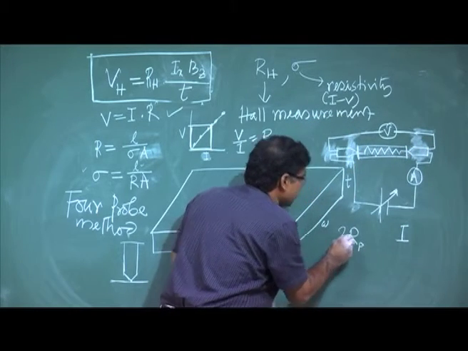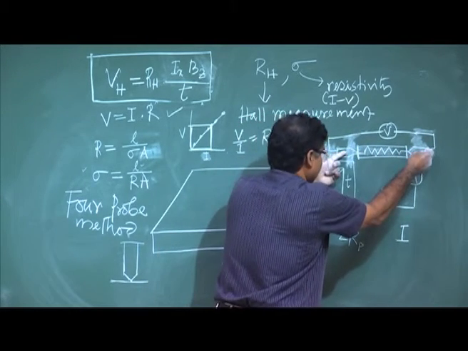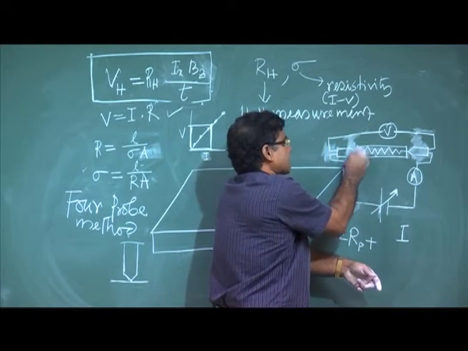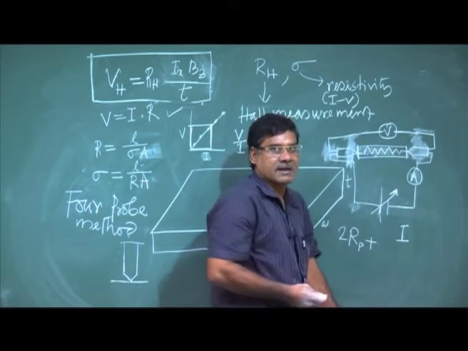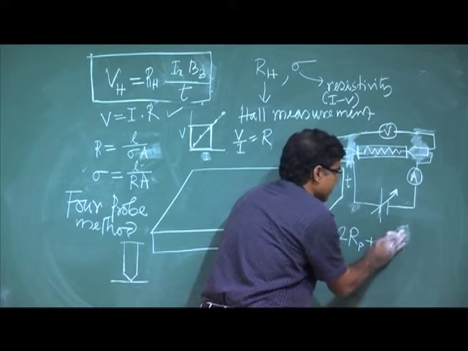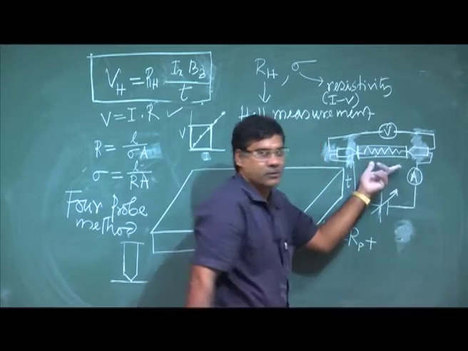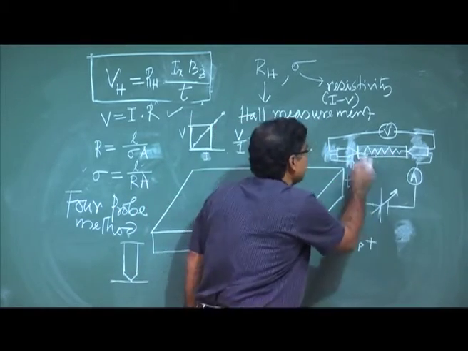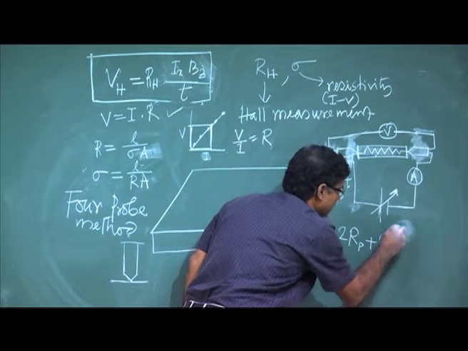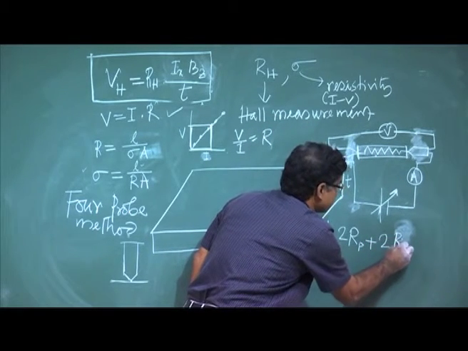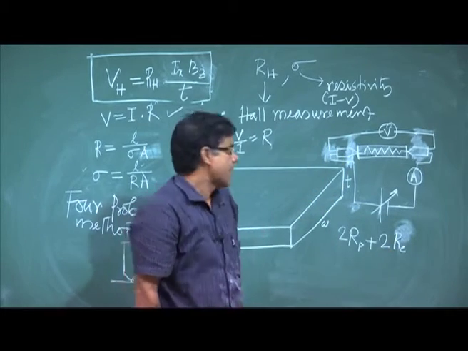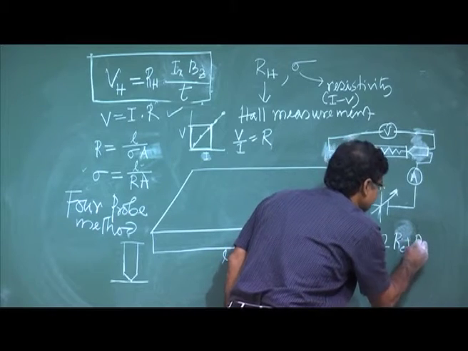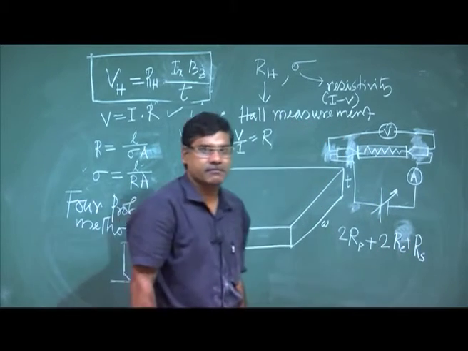So in the circuit there is 2 RP, plus there will be some contact resistance, which you cannot ignore when your sample resistance is very small. There will be 2 contacts, so 2 RC contact resistance, and then your sample resistance Rs.